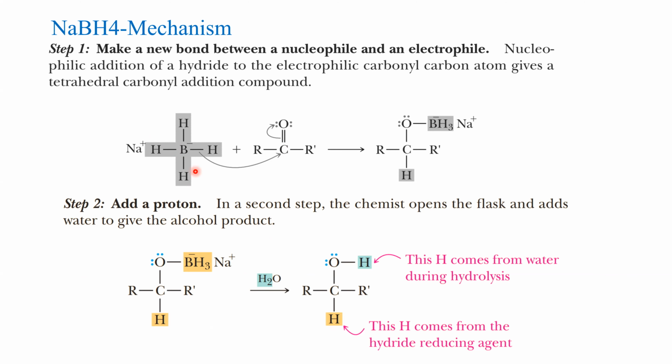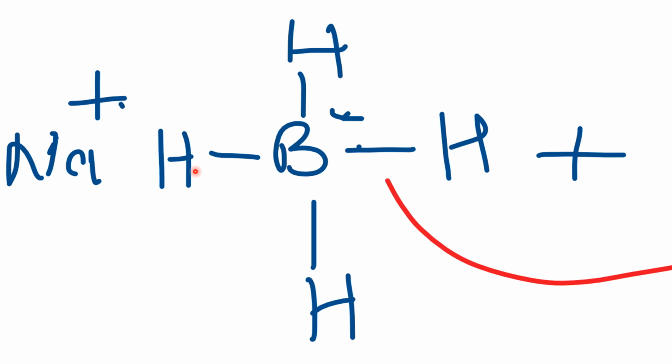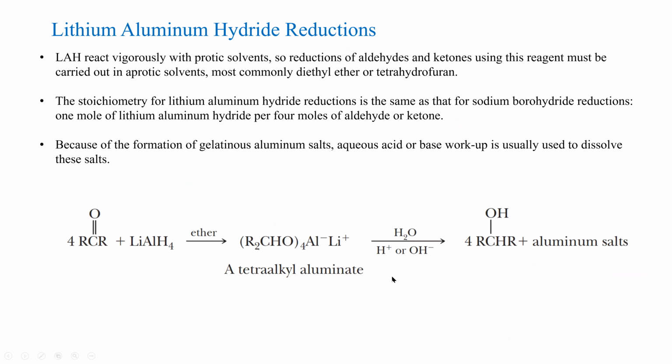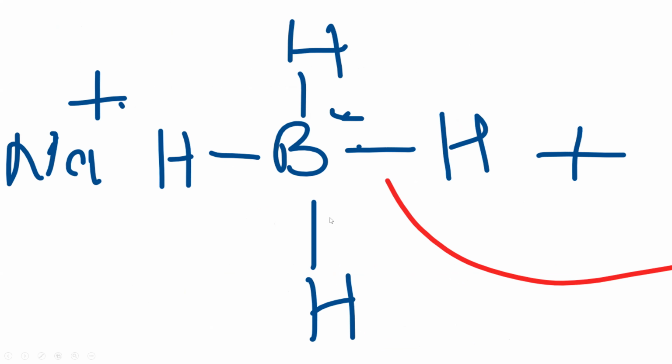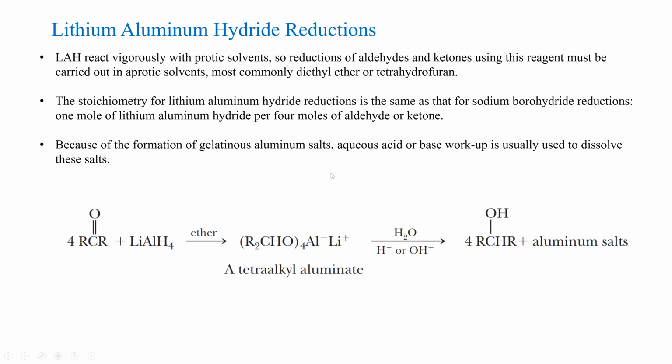Now I have added a slide of my handwriting. I don't know why it's showing in such a big form. I really don't understand this, but okay, we can move on. This is the sodium borohydride.